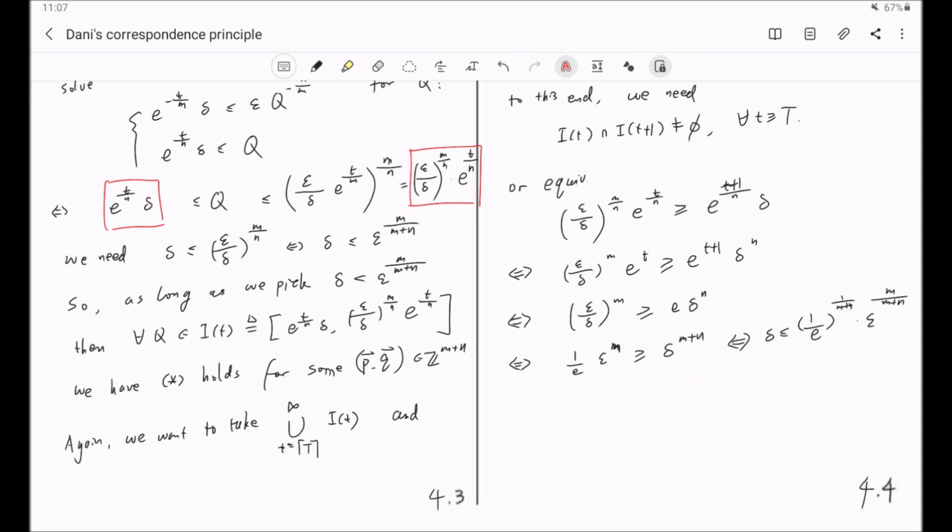And at the same time, you can take this union, because any two adjacent members in this union will have non-empty intersection as before. So as a result, this union will contain some infinite interval from q epsilon to infinity.